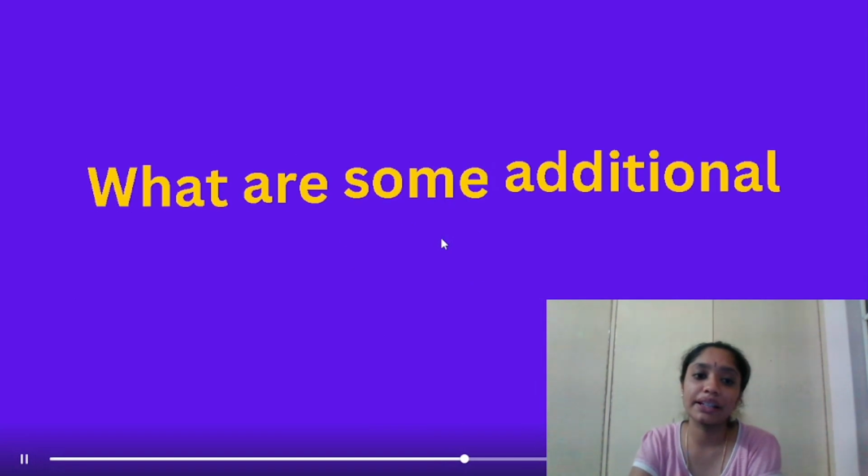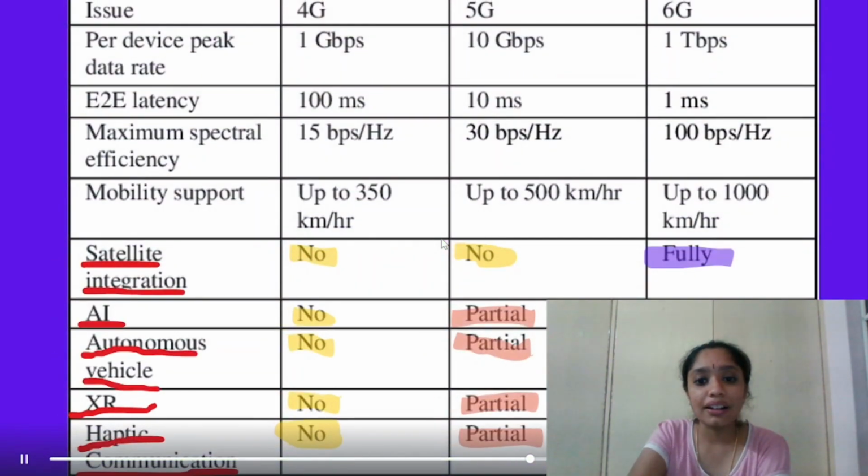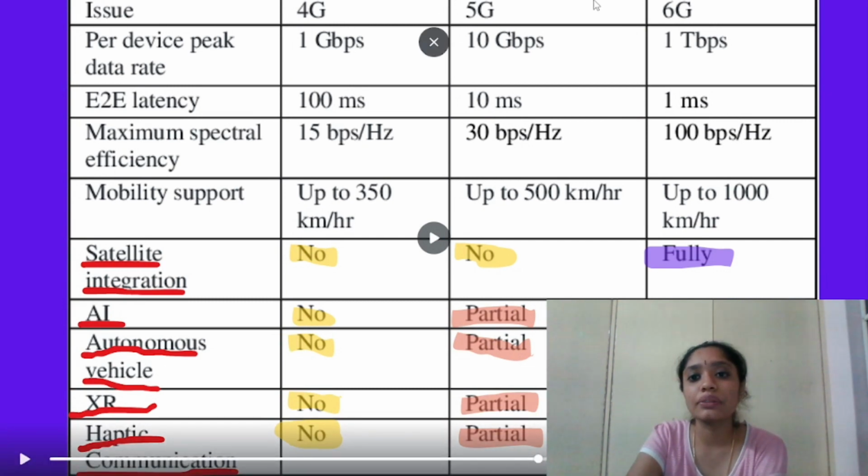Going to the next slide. What are some additional things with respect to 6G? See, I've created a comparison between what was there under 4G, 5G, and what is different in 6G.